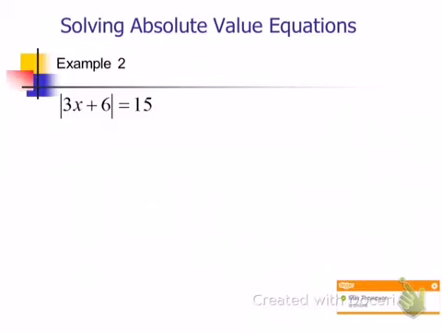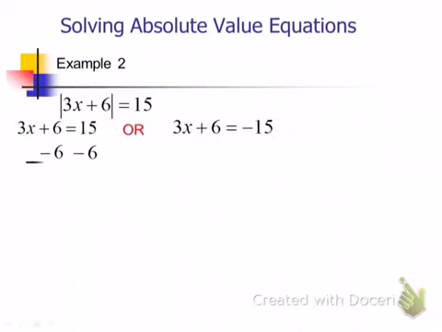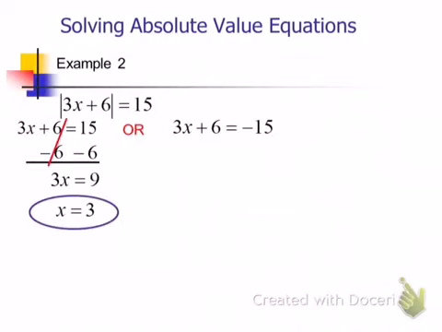So the quantity that's inside can either be 15 or it can be negative 15. That's correct. So we're going to split that up into two different equations, and we're going to solve those two equations, and we get x equals 3. And then when we solve the other equation, we're going to get x equals negative 7.